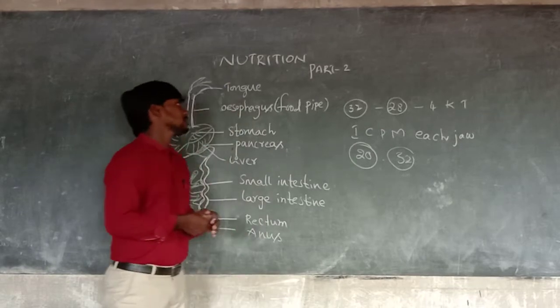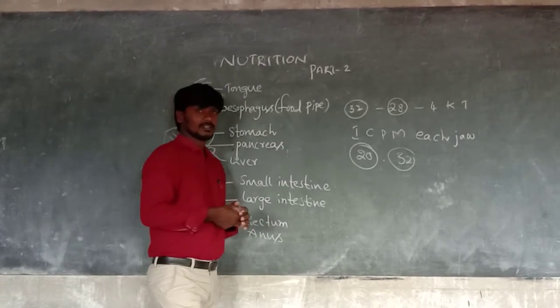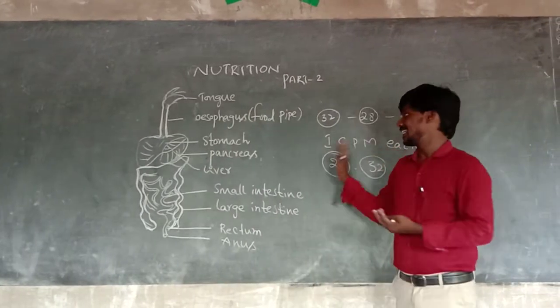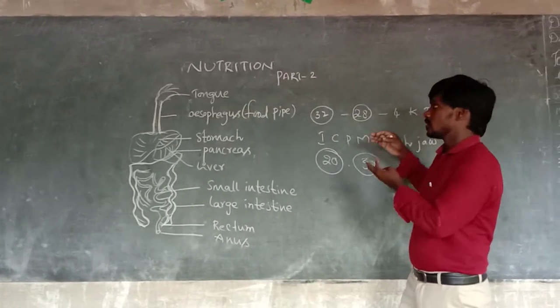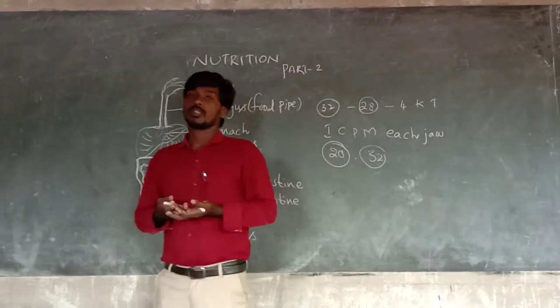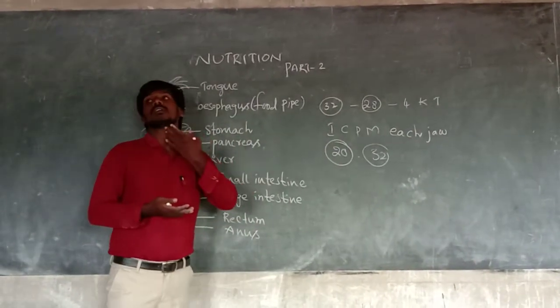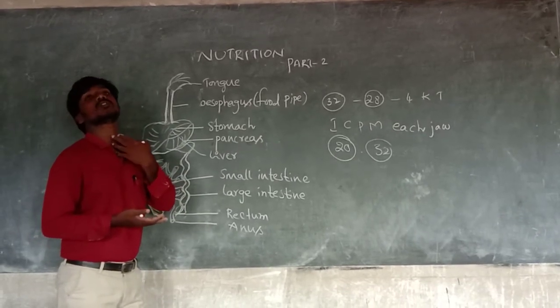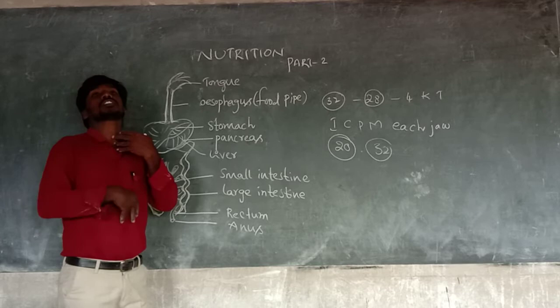Next one, the tongue. But first, that is the main role of the teeth. Suppose the teeth did not cut the food. What about that food? It would enter the food pipe or alimentary canal, the esophagus, and go directly to the stomach.